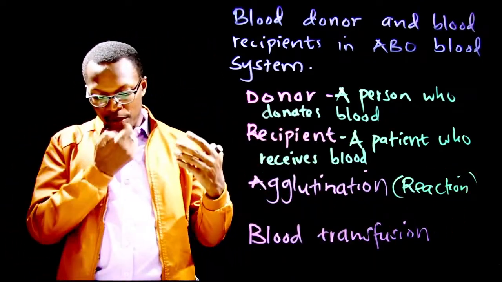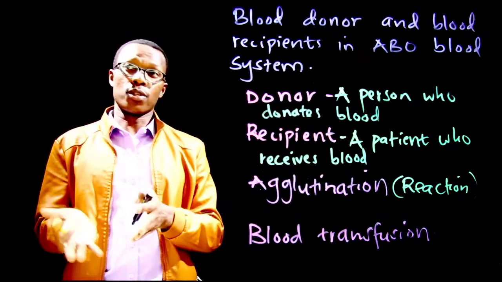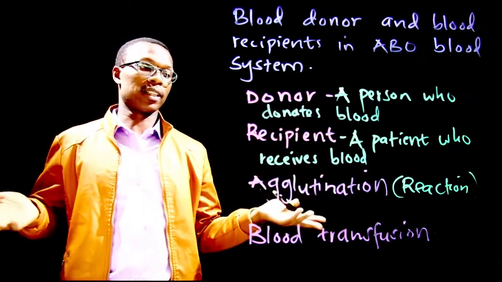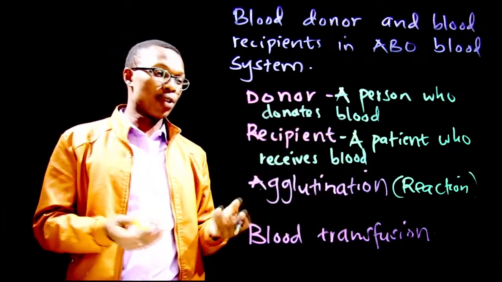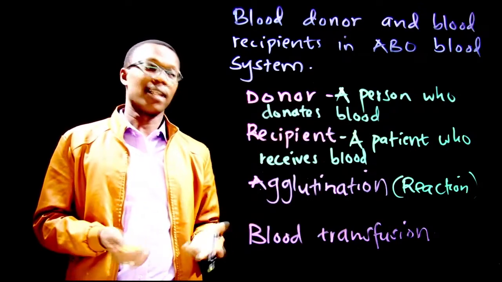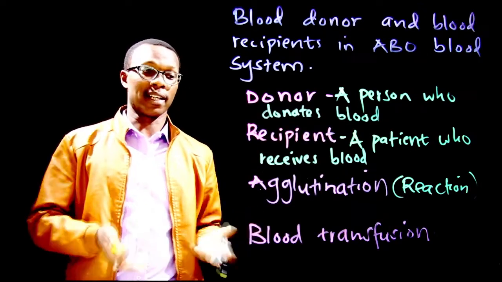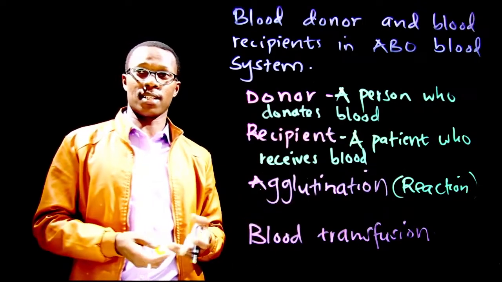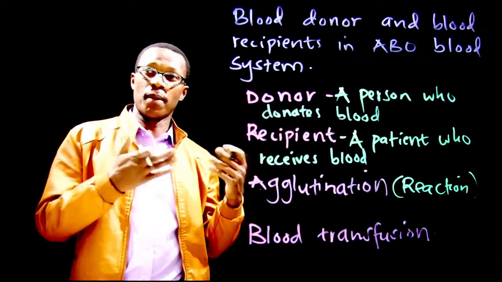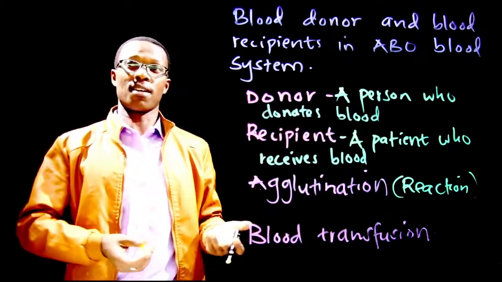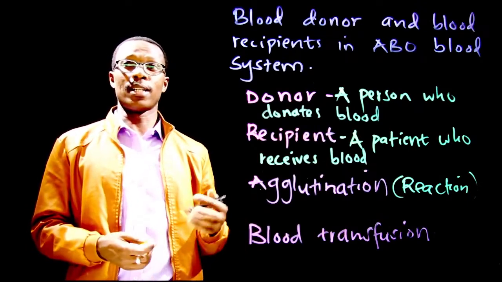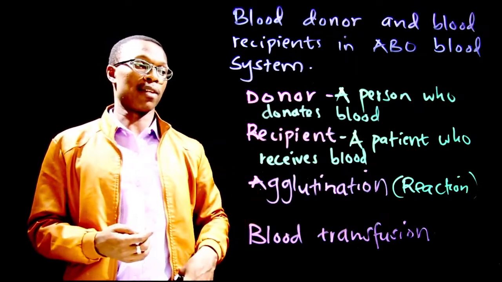When you give that person blood that does not match, there will be a reaction. That reaction can cause the blood cells to block, and the blood flow won't be there anymore. And if there is no blood flow, do you think you can survive? No, because we need the blood to flow in our blood vessels.